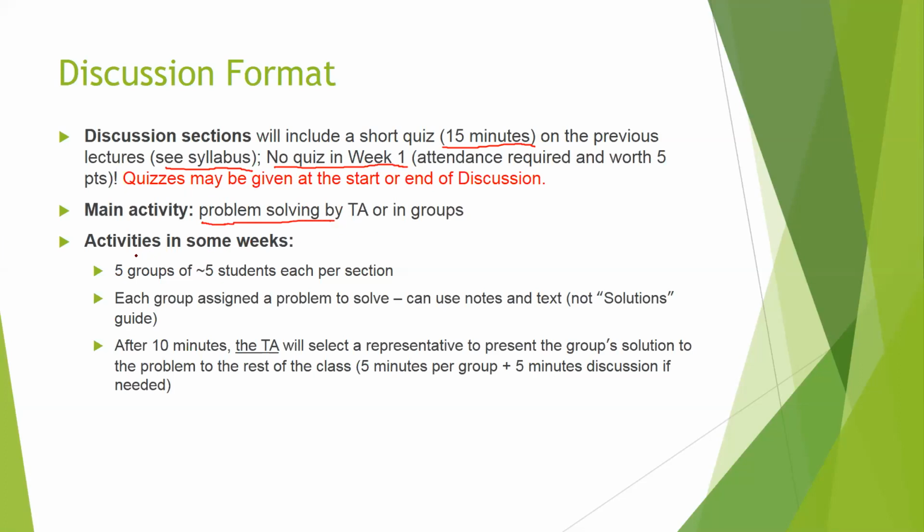Sometimes, for each discussion session, they can divide students into groups of 5. Each group will be assigned a problem, and you can work together to solve it and pick one representative to answer the question. This is how we organized the discussion in the past and also for this quarter.